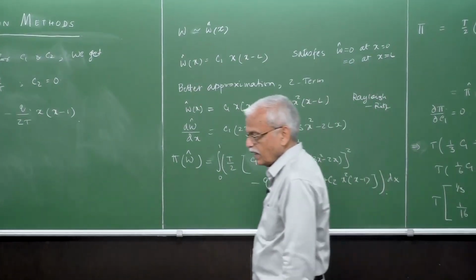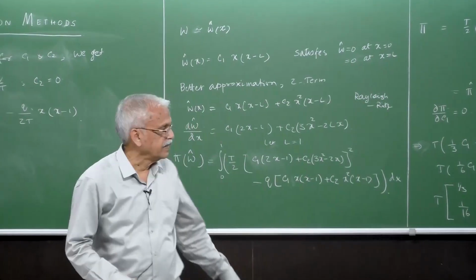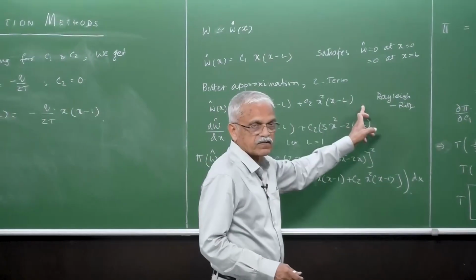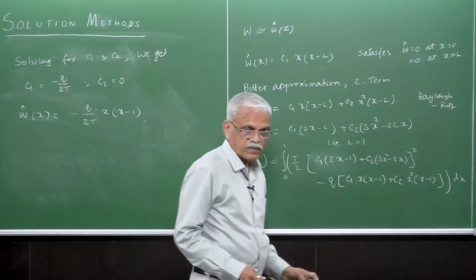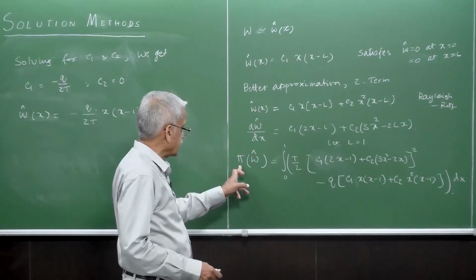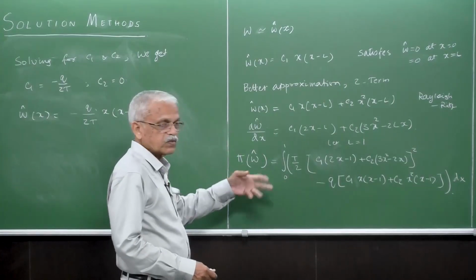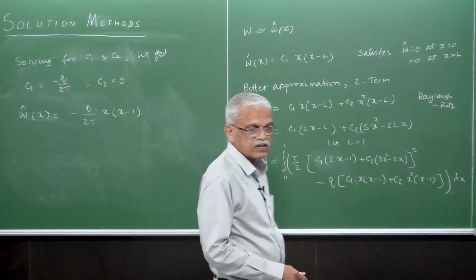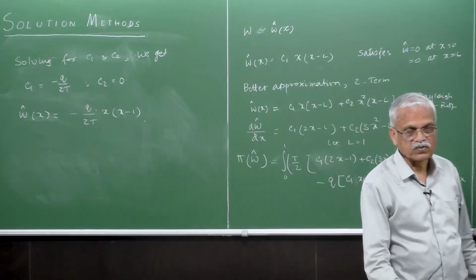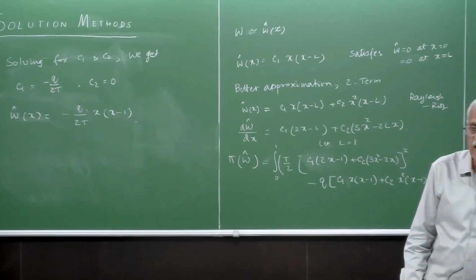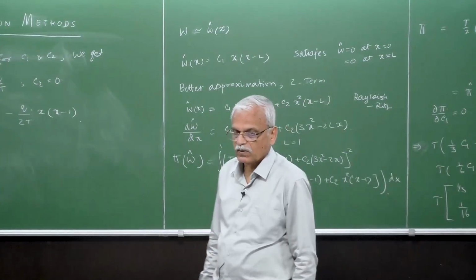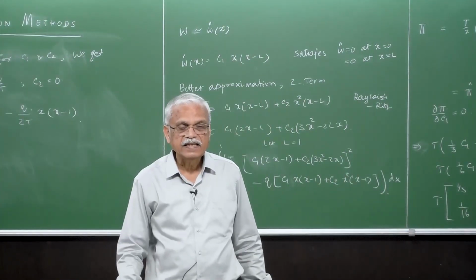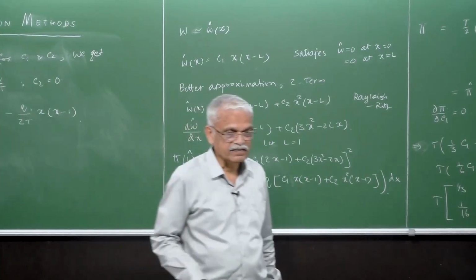You can see immediately that as I keep on increasing more and more number of terms here for W hat, the potential energy calculation of pi keeps on decreasing. So as you increase the number of terms to infinity, the pi hat will reach the minimum most value, and that is what we then call the solution.